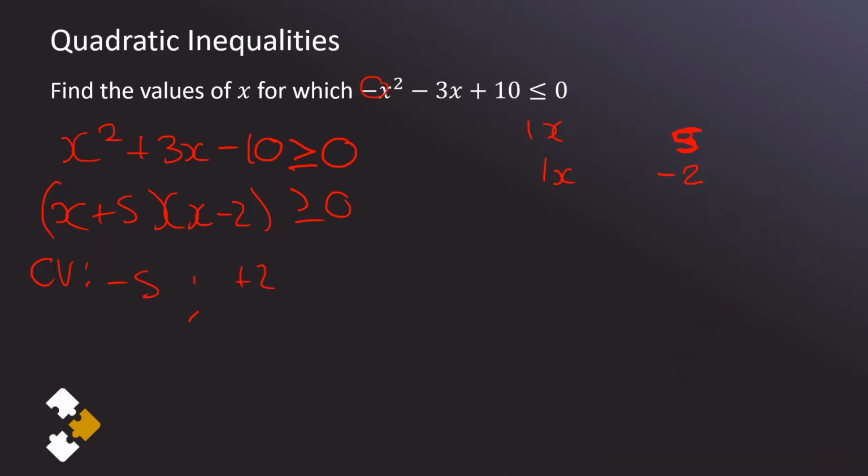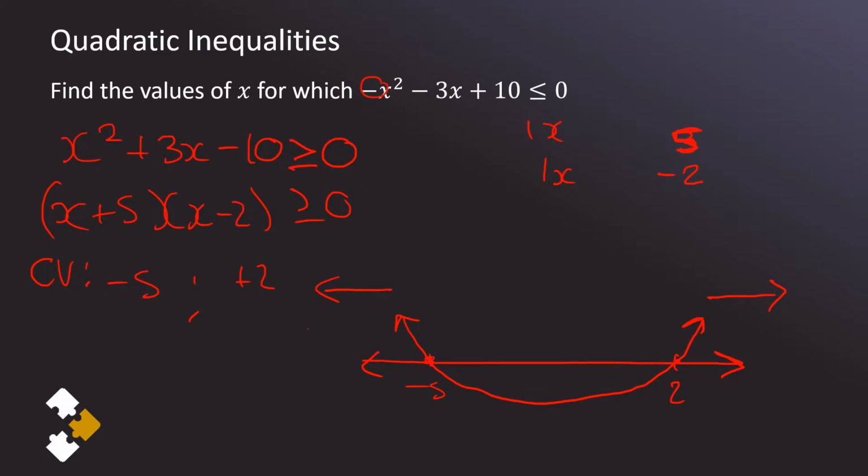If we draw that in on a number line down here, you have a negative 5 and a positive 2. We can see that this is a smiley parabola, right? So for values that are greater than or equal to 0, it's everything below negative 5 on this number line and everything above positive 2.